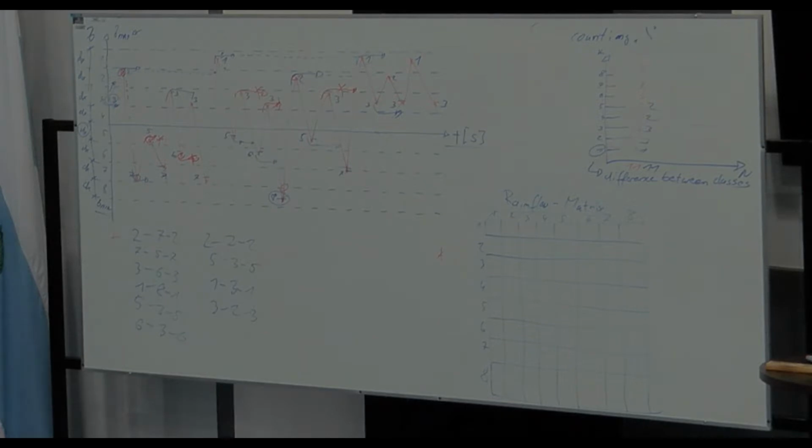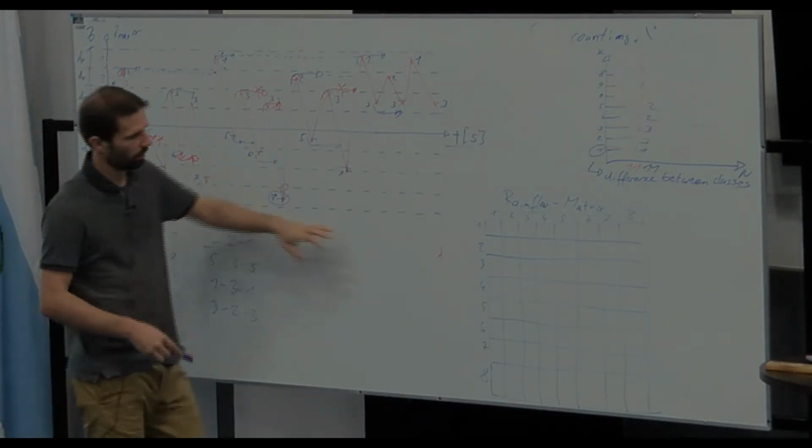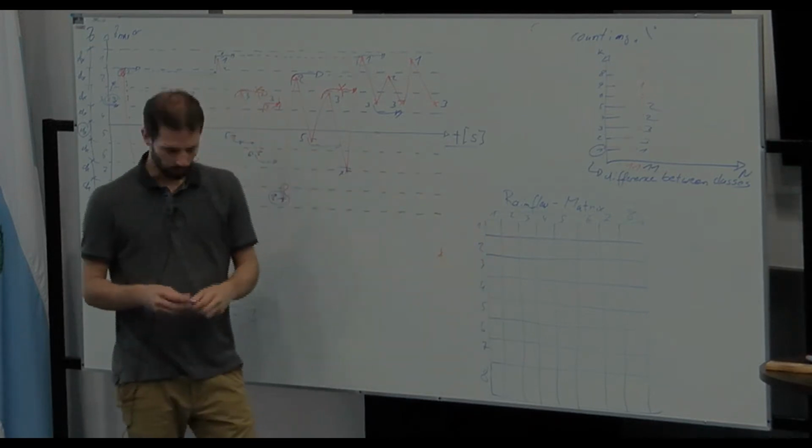So we have a matrix due to our classification procedure from 1 to 8, and also here from 1 to 8.